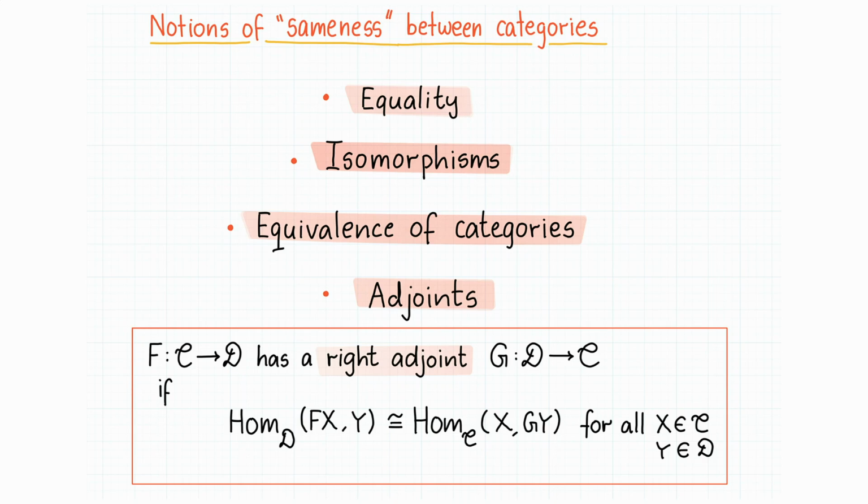In one form, you can say that having an adjoint means that there is some subcategory which is equivalent to a subcategory of the codomain, which you can say is some level of sameness between categories. But anyway, this is the definition that is usually used.